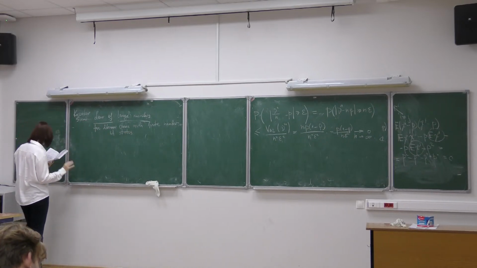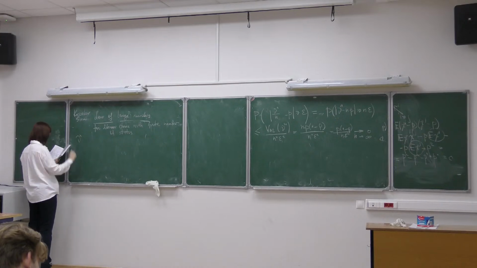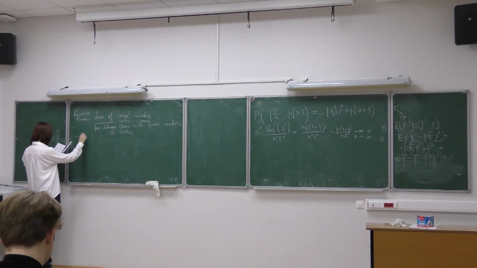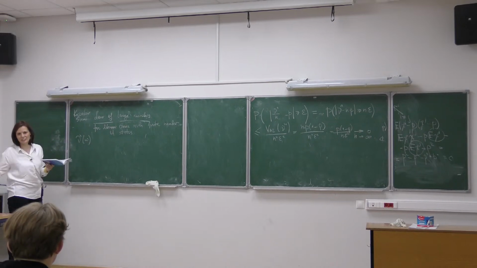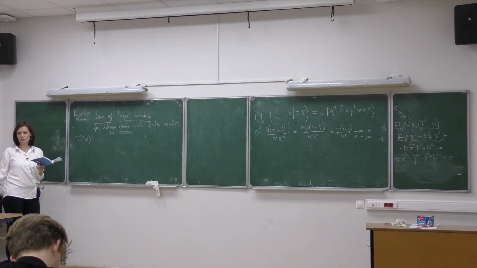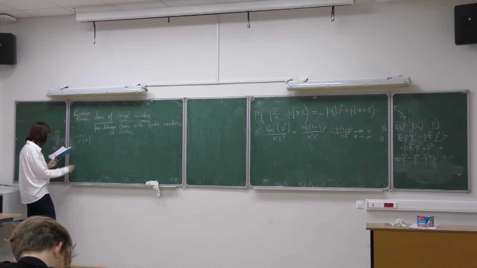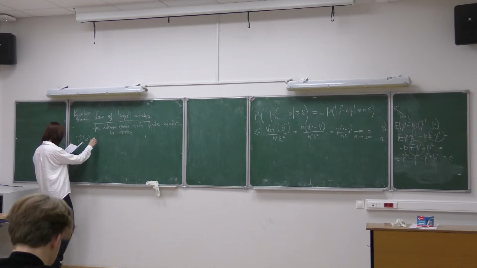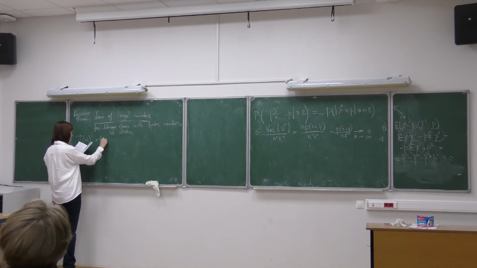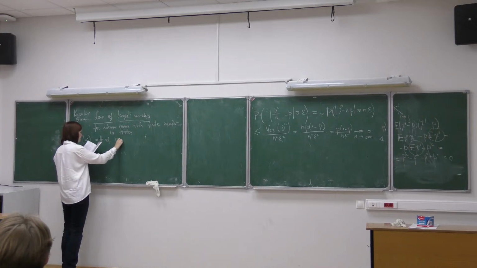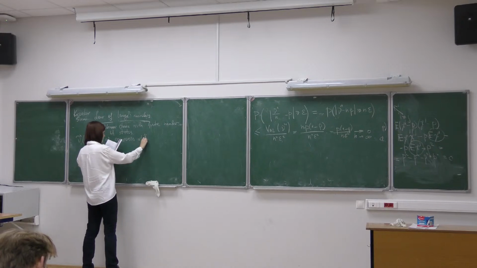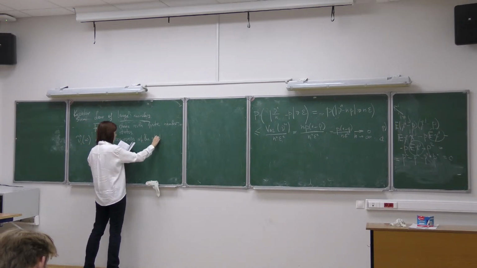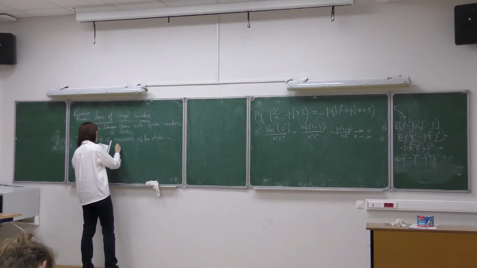So, as in the previous case, we will introduce a similar random variable. It will be, this time, not the number of successes in our trials, but the number of occurrences of state I in the sequence.